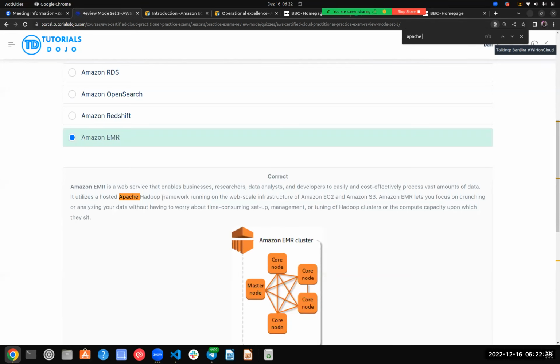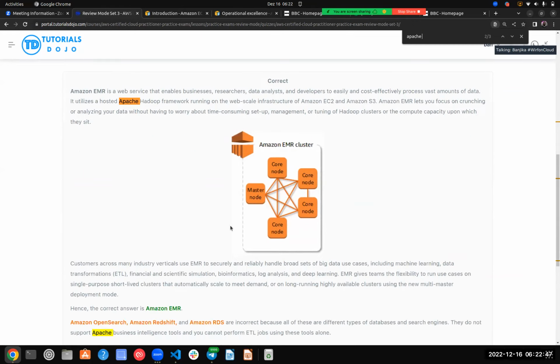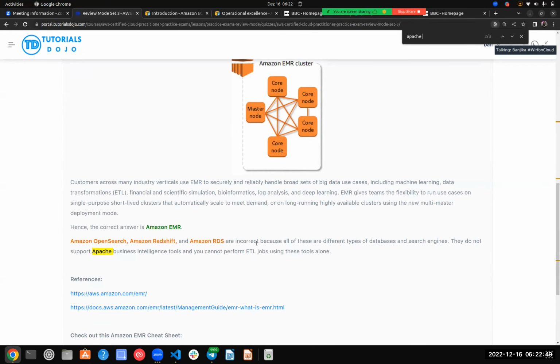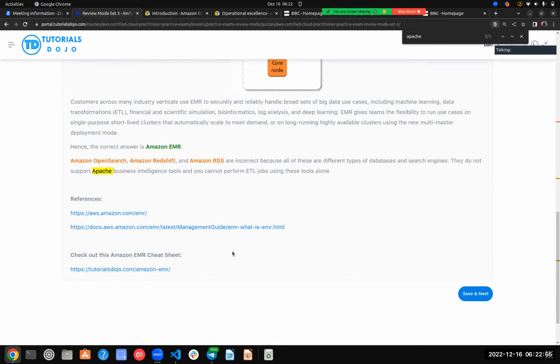Apache Spark is one of them, and there are a couple of others that are used for data transformation. But these other ones don't support business intelligence tools, right?